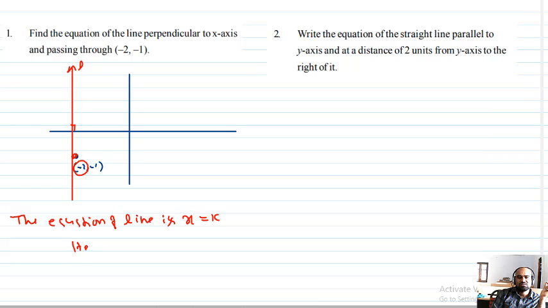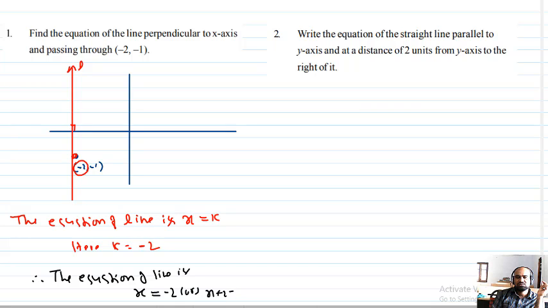Here k equal to -2, because the line is 2 units from the y-axis and on the left-hand side of the y-axis. Therefore the equation of the line is x equal to -2, or x plus 2 equal to 0. So this is the answer for the first problem.